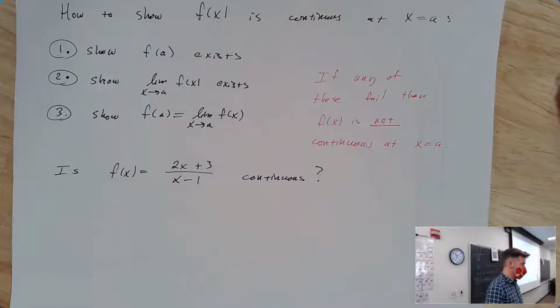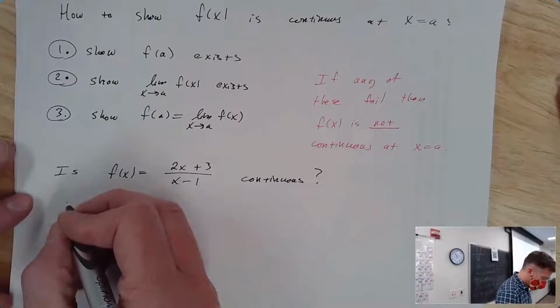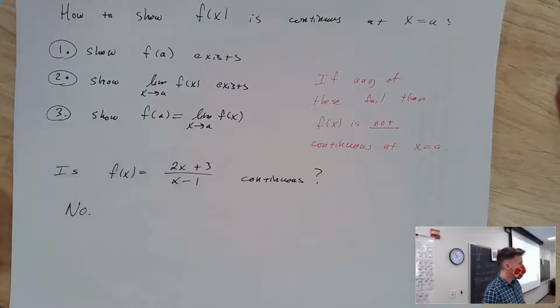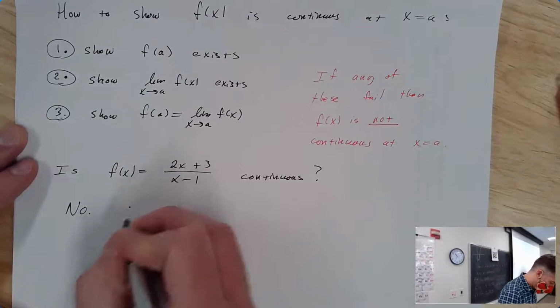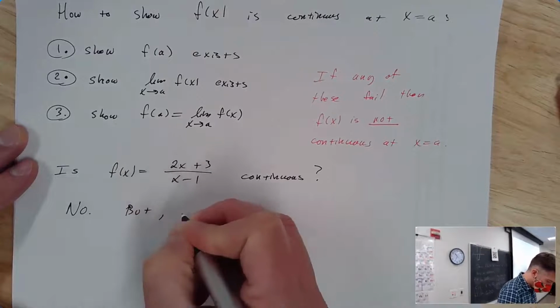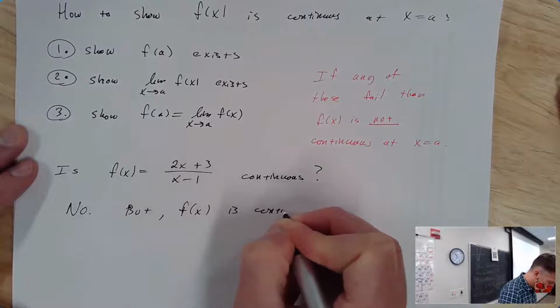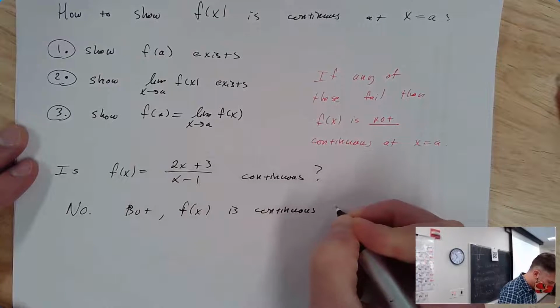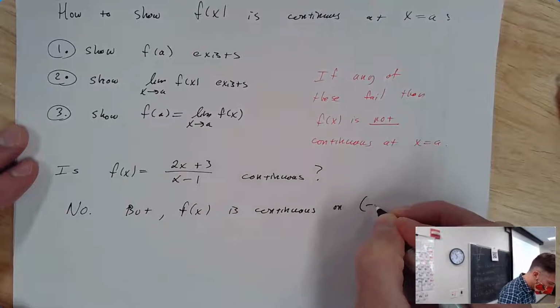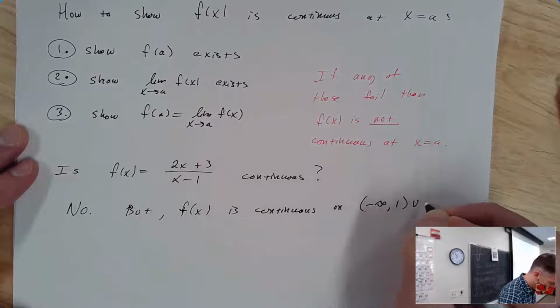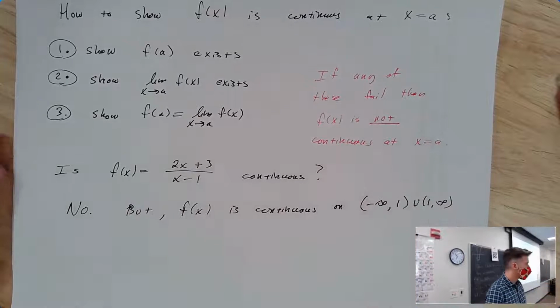Where is that function discontinuous? Exactly. The better answer is that f of x is continuous everywhere except for 1. So we say it's continuous on the domain negative infinity to 1 union 1 to infinity.